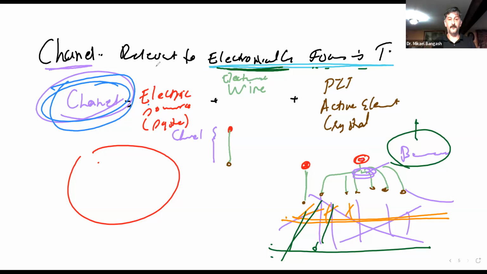And mainly with most of us electronically focused and steered transducers, we will actually end up having multiple PZTs. You can say that we will end up having multiple channels. So that's two terms that will be helpful in understanding most of the discussion here.